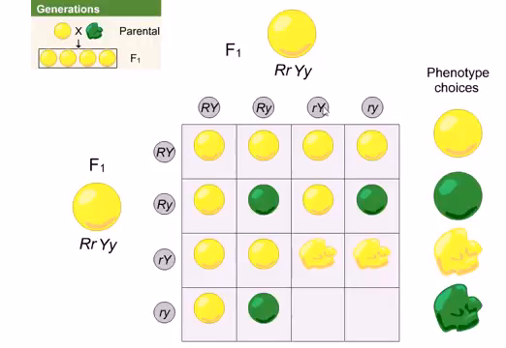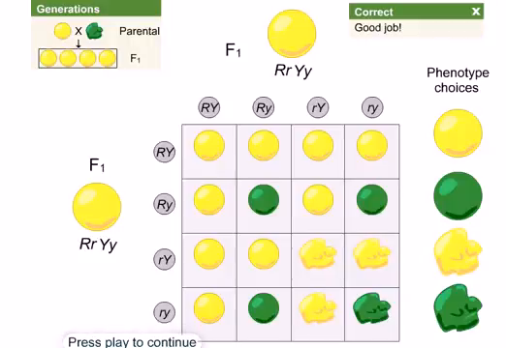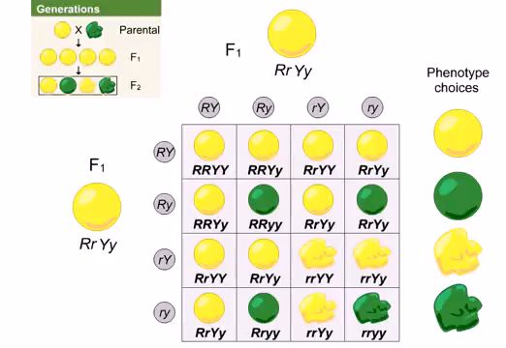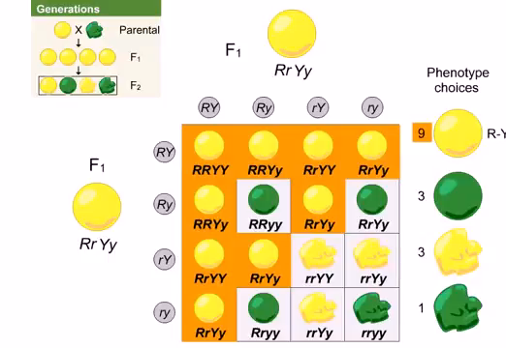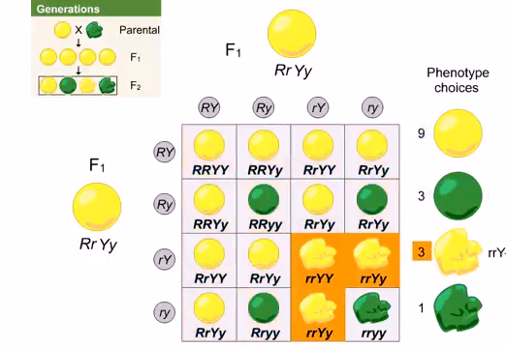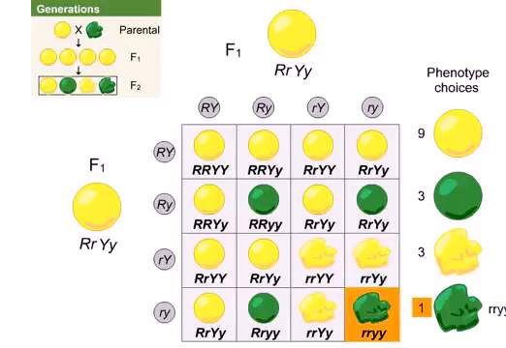So in this case wrinkled and yellow. And the fourth one and the last one, which is neither having caps R nor having caps Y, is wrinkled and green, so that will be the answer. When the genes for 2 traits are considered, the F2 plants have phenotypes in a ratio of 9:3:3:1. 9 are round and yellow, 3 are round and green, 3 are wrinkled and yellow, 1 is wrinkled and green.